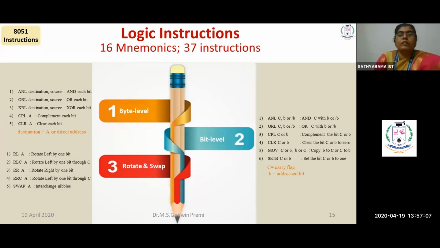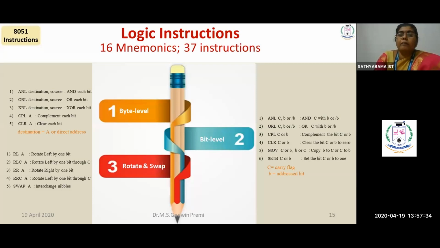One is byte level instructions, second is bit level instructions, third is rotate and swap instructions. In the byte level instructions, we have 5 mnemonics: ANL, ORL, XRL, CPL and CLR. In bit level, we have 6. In rotate and swap, we have 5 mnemonics.